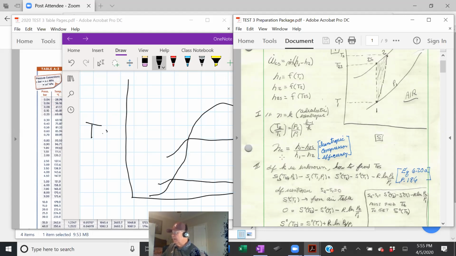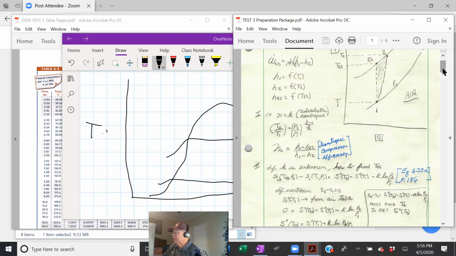If we're given the isentropic efficiency, from this we get T2S, get H2S from the tables, and then from this expression, we can get H2 and we can get T2.